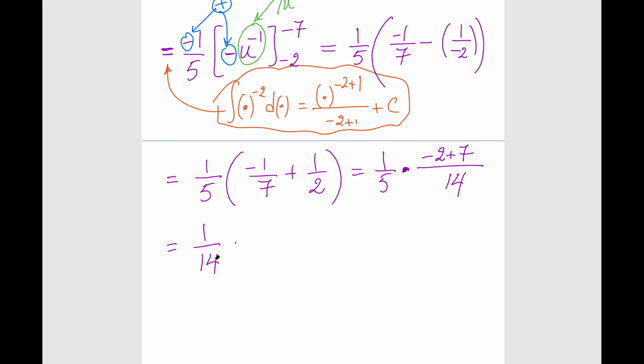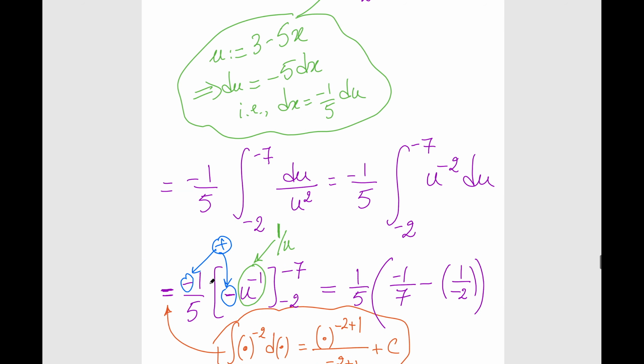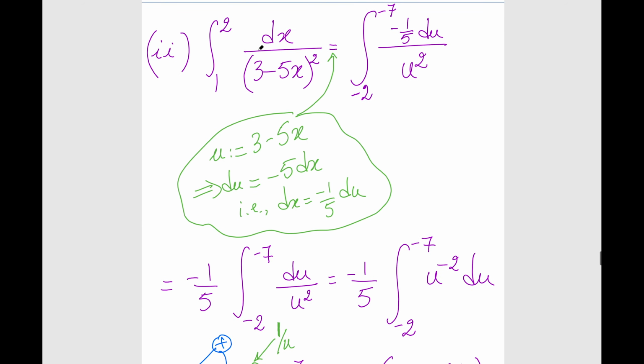I was expecting a positive number because I'm integrating. You see the function is 1 over 3 minus 5x to the power 2. This is a positive function, so it is above the x-axis, and I'm integrating between 1 and 2, so I'm talking about a region like this.